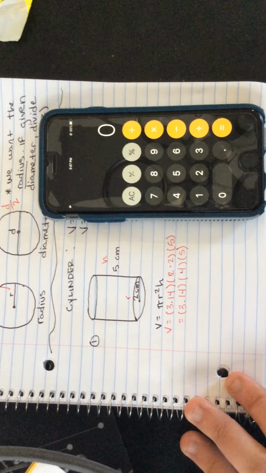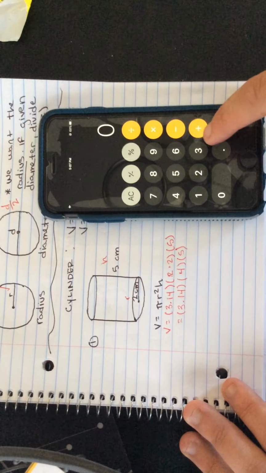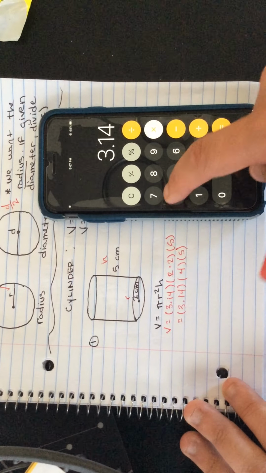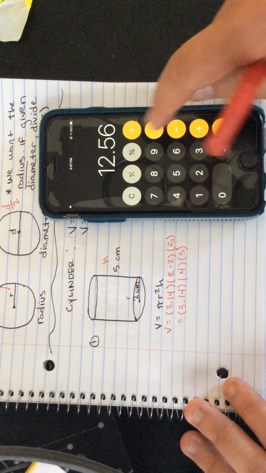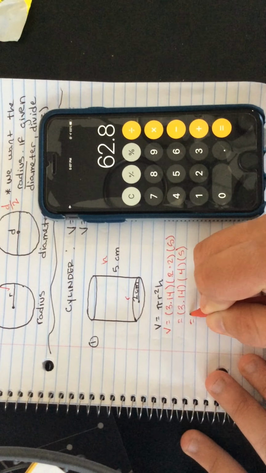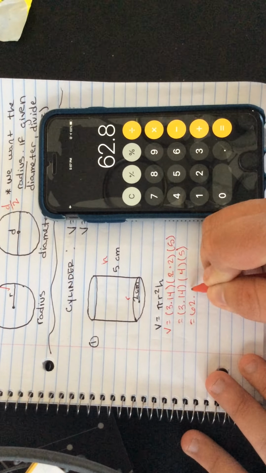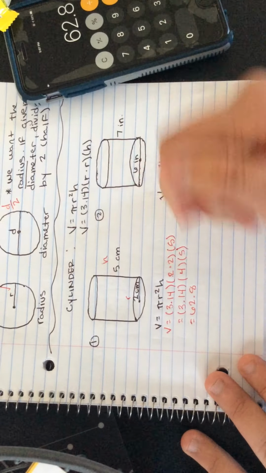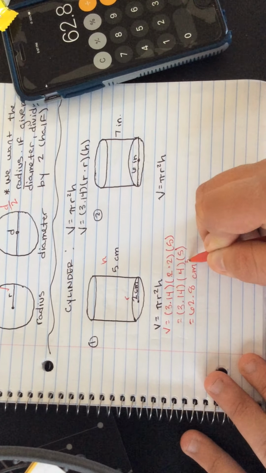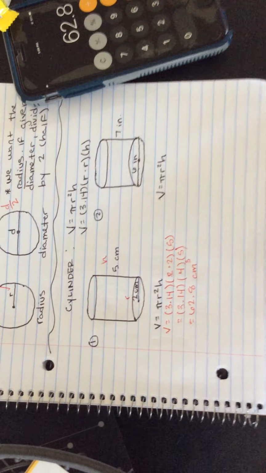My fault on that, but I think this will be a little bit easier going forward. So 3.14 times 4, which was 2 times 2, then times 5. So my volume is equal to 62.8.